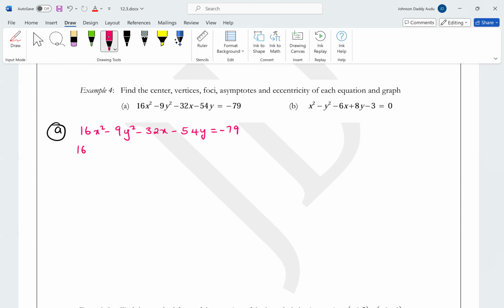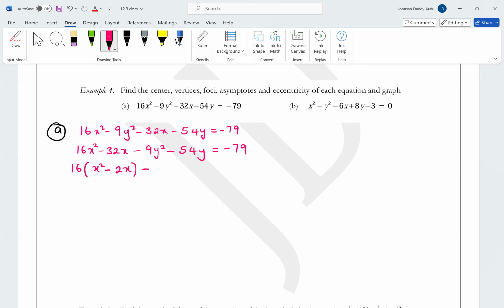Let's keep the x's together. We have 16x squared minus 32x, then minus 9y squared minus 54y, equals minus 79. Before we apply completing the square, we always want the coefficient of x squared to be equal to 1.